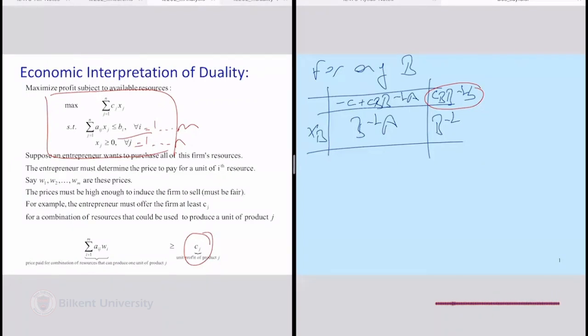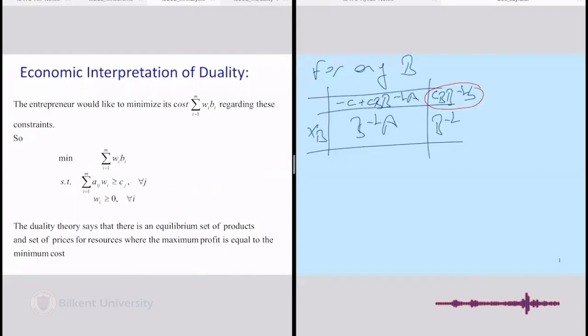That brings me to the entrepreneur's problem. The entrepreneur wants to buy the resources with minimum total cost, because for him it's the cost. So he wants to minimize the prices times the amount that he's buying, but he wants to make sure that the problem is fair, so that I may not think about selling. And this is my canonical form min.